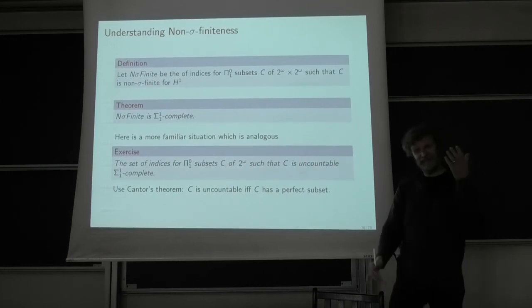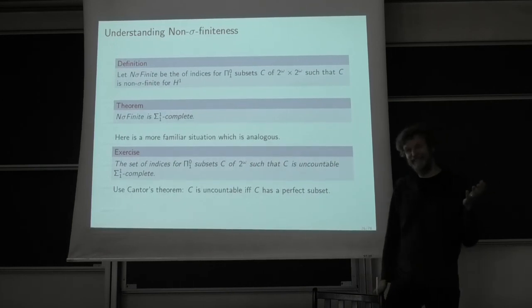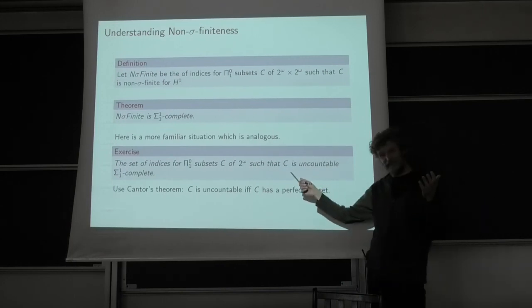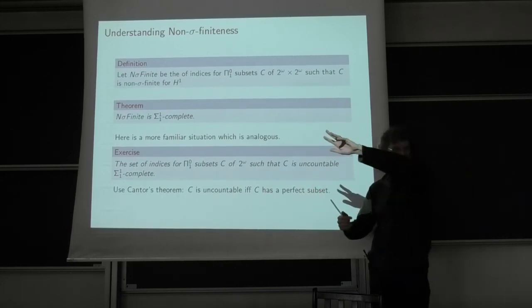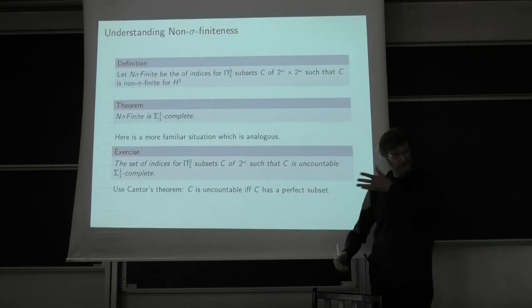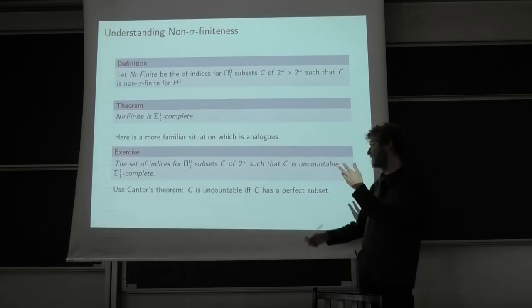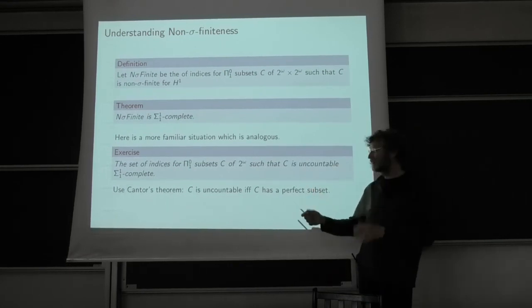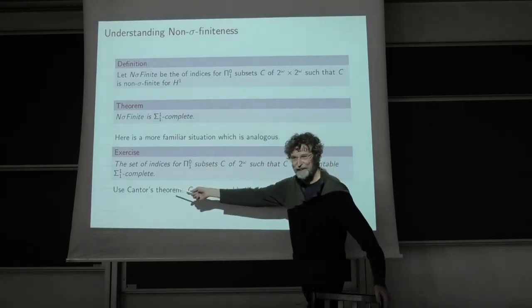That's an existential fact about C. C is uncountable if and only if there exists an embedding of the full binary tree into the tree representation of C. So that makes it sigma 1, 1.